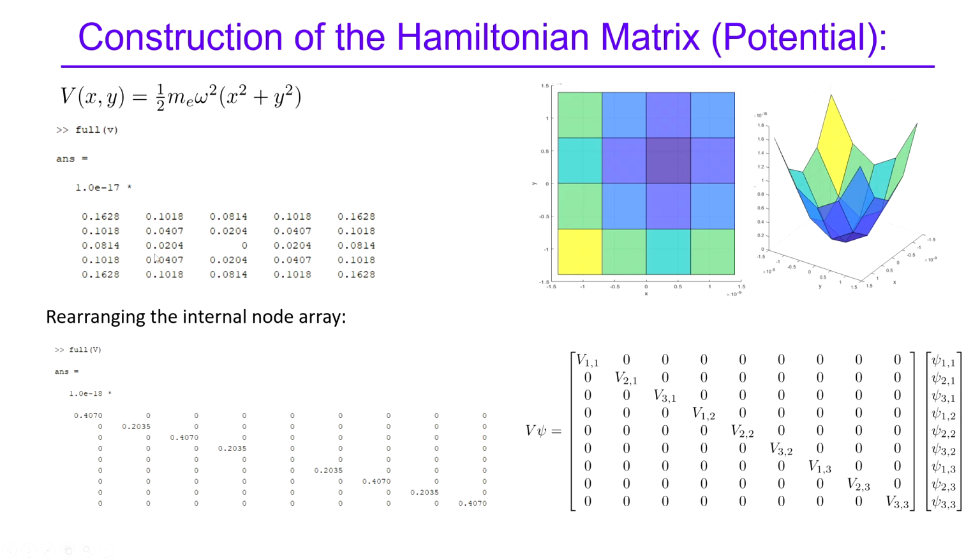So we are only centering on the internal nodes, right? I mean this node, this node, and in total there are 9 nodes, okay?